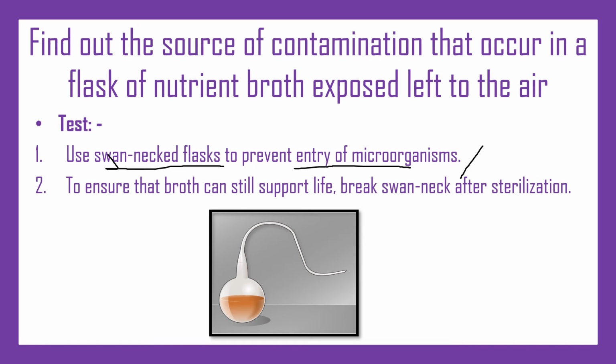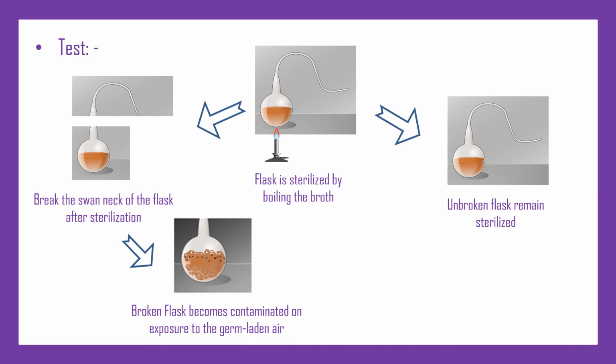the air. We prevented air from entering inside this swan-necked flask, and to ensure the broth can still support life, we can break the swan neck after sterilization. So how will we test this? Just look at this. So we have this flask.